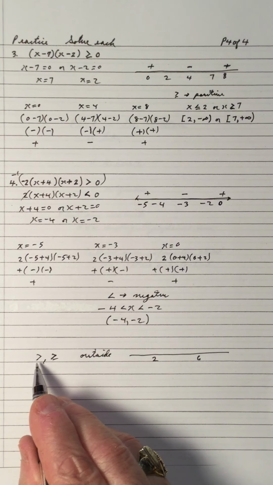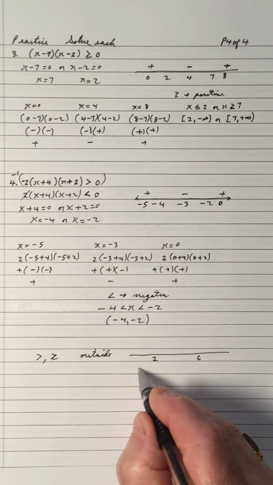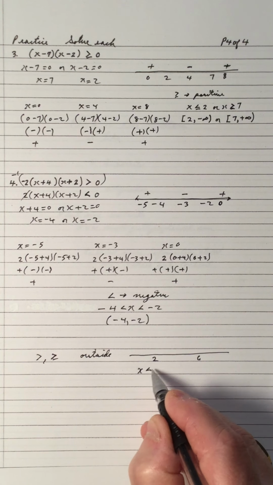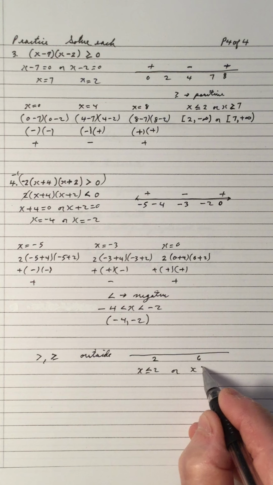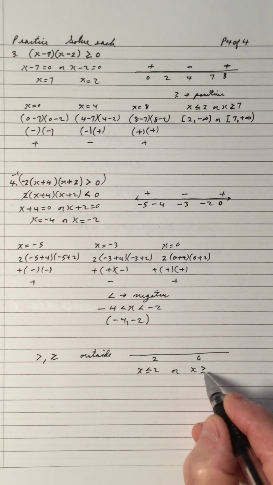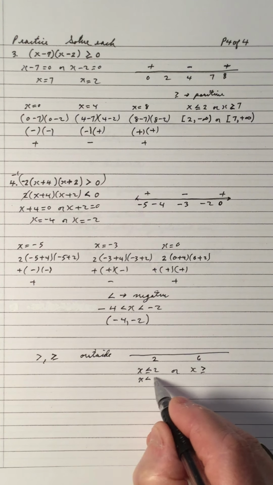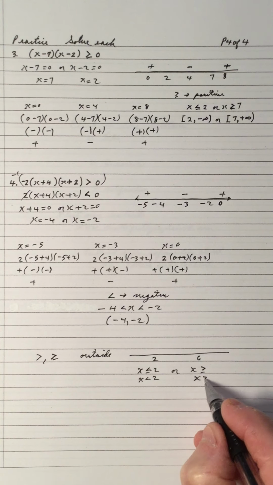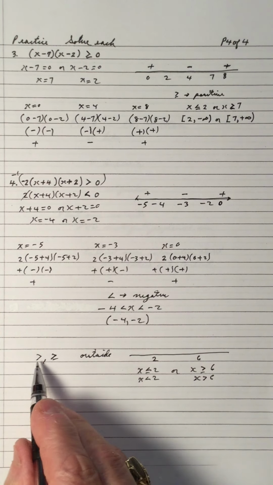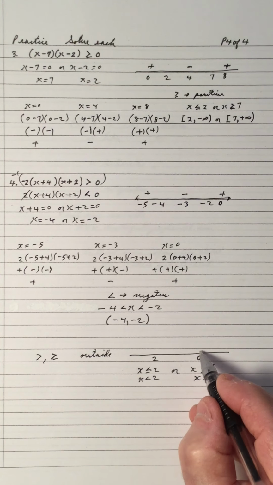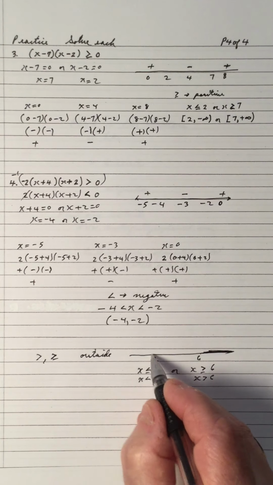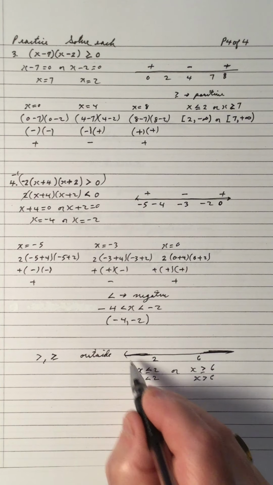If I have a greater than, I would have x less than or less than or equal to 2, or x greater than or greater than or equal to 6. So you could have either or. Greater than or greater than or equal to would be on the outsides. In other words, it would be those, and it would be those.